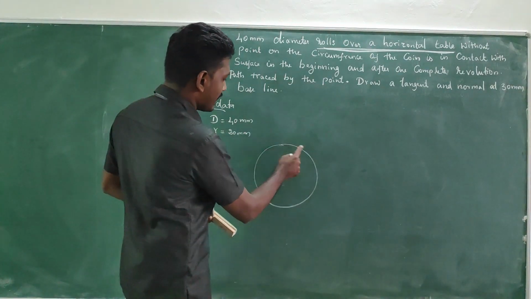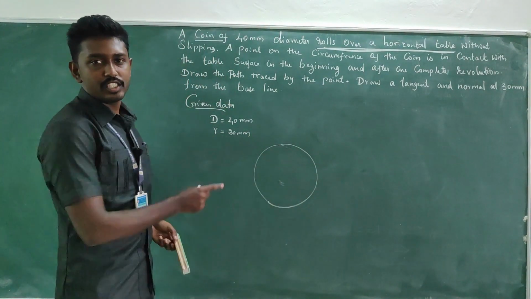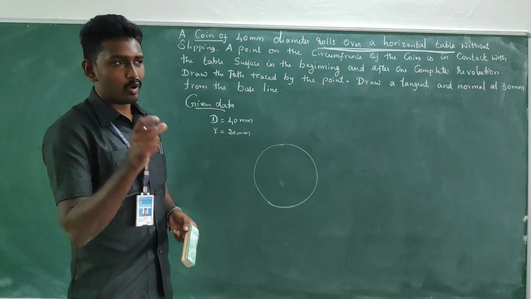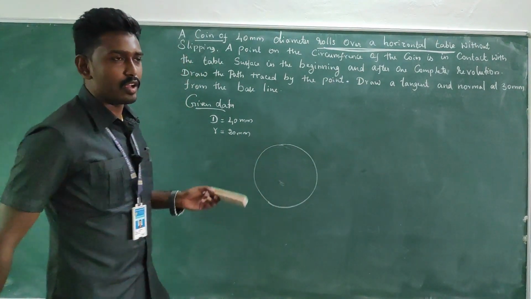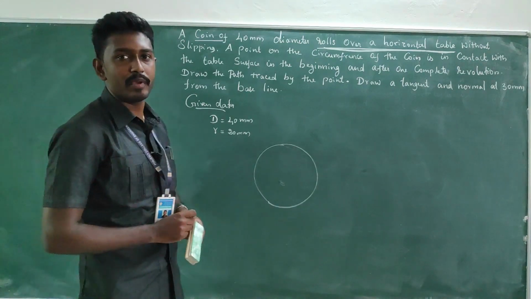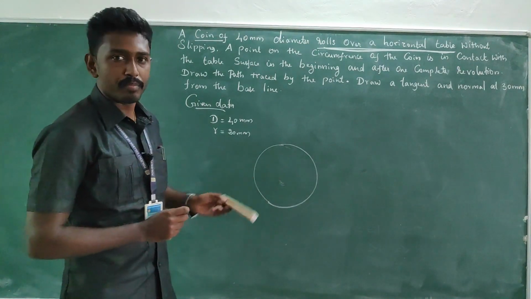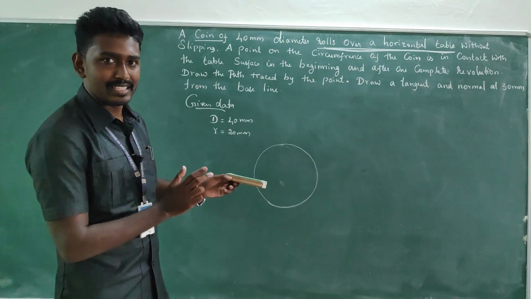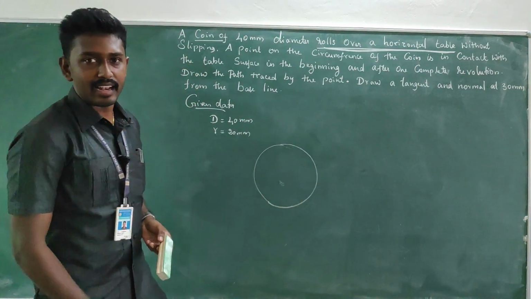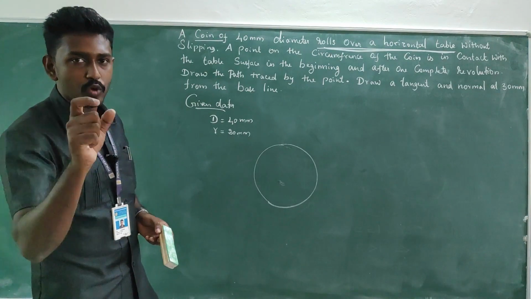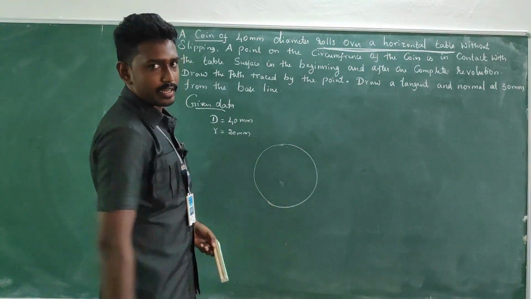Initially it must be a thin line. You have to use a 2H pencil to draw the circle, because only in the last will we be concluding the record part and the unrecord parts. So first of all, go with a very thin line, using a 2H pencil, and go for a circle.